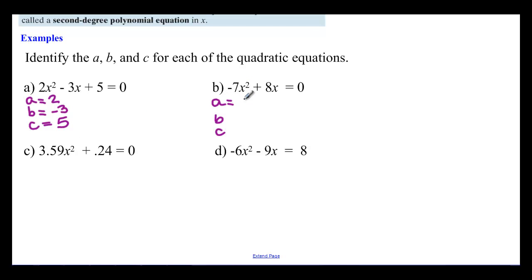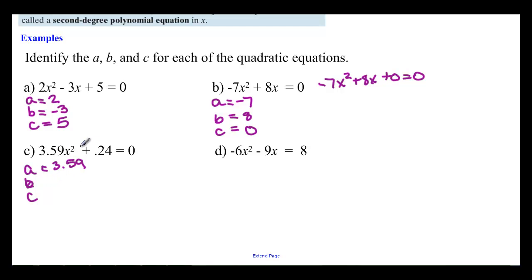the a is going to be a -7, the b is going to be 8, and the c is going to be 0. This is the same thing as -7x squared plus 8x plus 0 equals 0. And then for c, so for our third example, the a is going to be the 3.59.